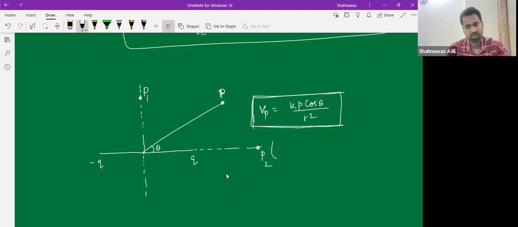Can you repeat? We have this dipole, and you tell me that we are on this line. So what is this point?